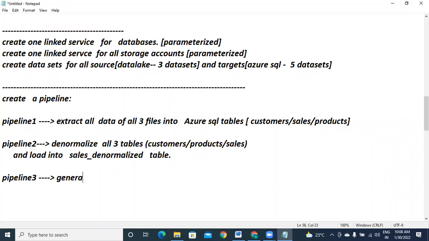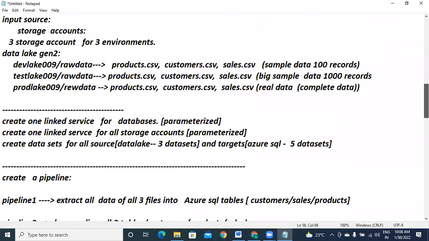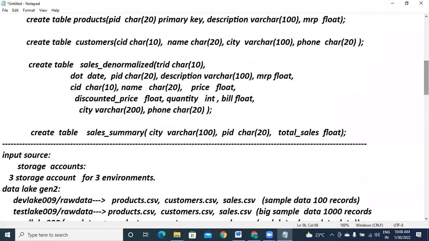Generate summary report, and write results into, what is the table name? Sales summary.